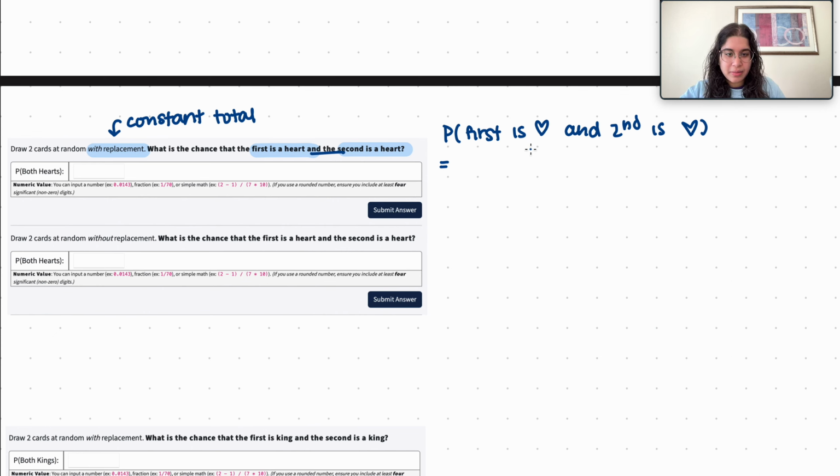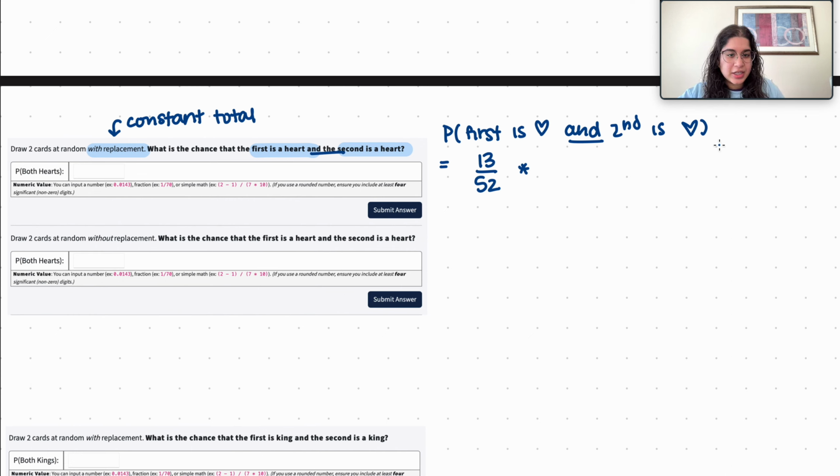The probability that the first card I pick is a heart: we know there are 13 hearts in a deck of cards, so it's 13 out of 52. Heart is one of the suits in a deck of cards, and there are 13 hearts, 13 spades, 13 clubs, and 13 diamonds. So the first being a heart is 13 out of 52, and since it's "and," I'm going to be multiplying.